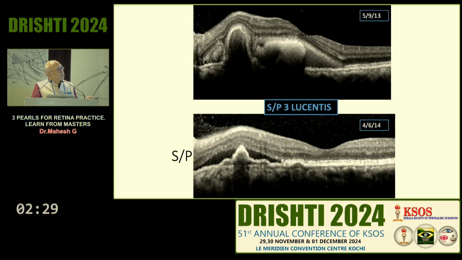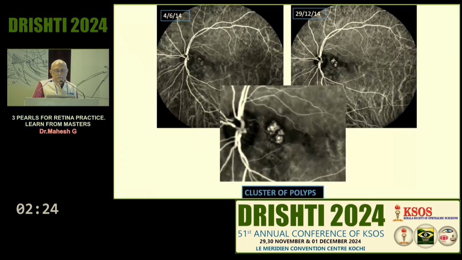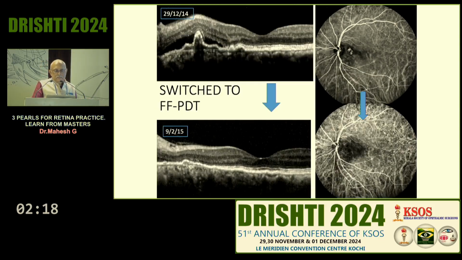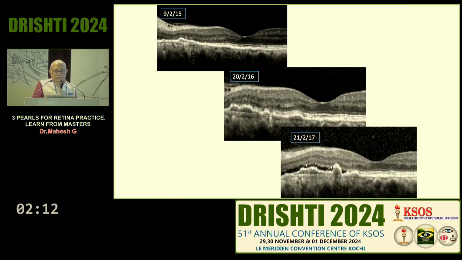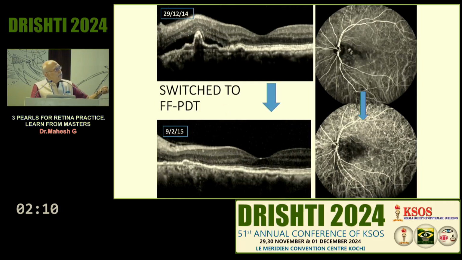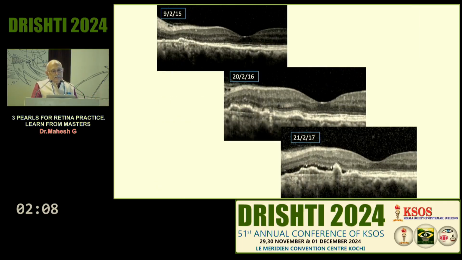You treat with 3 injections, and it has reduced, but it is not going. So after that, again do the angiogram. You can see the cluster of polyps beautifully now. Since it is not responding, switch to photodynamic therapy, and with photodynamic therapy it collapses, and there is regression of the polyp. And later, after a few years, 2 years, it starts again.